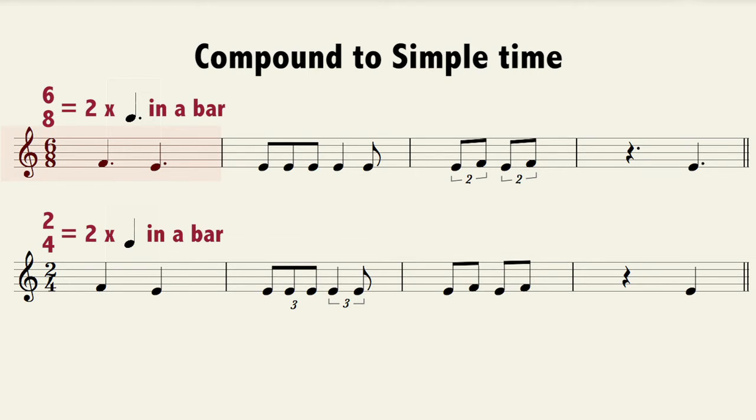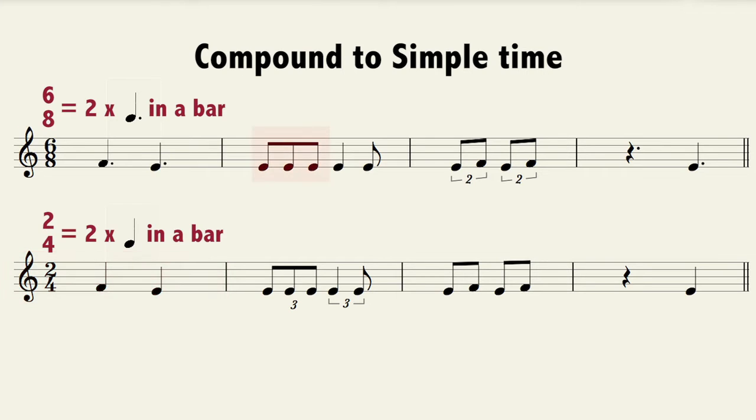Let's look at the first bar. The first bar in 6/8 time gives us 2 dotted crochets. We want to make those into 2 crotchets in our 2/4 time. So all we have to do is take the dot away. Let's look at the second bar.